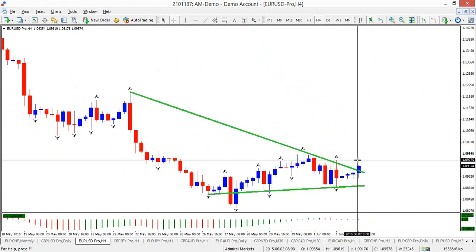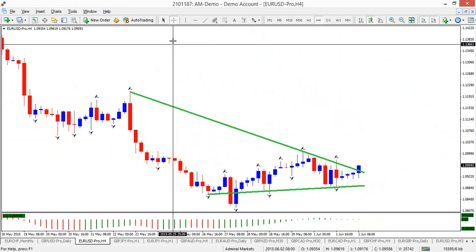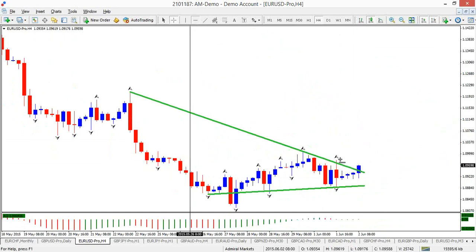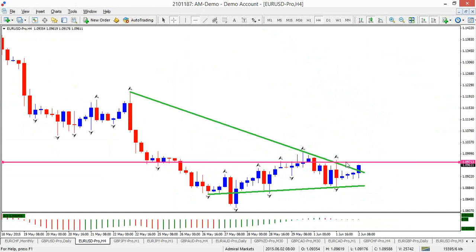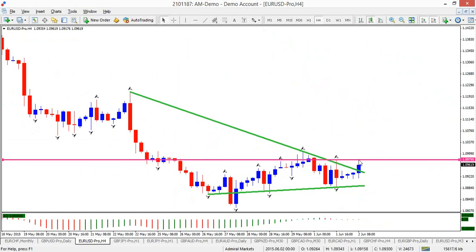I'll be looking for price to clearly close above this trend line or break this fractal by 25 pips. So there are two options. Actually, maybe that is even the preferred one. I like the pending order above this fractal. Now the fractal is 109.80. It's a 4-hour fractal, 109.80. So we have 110 right in front of us.